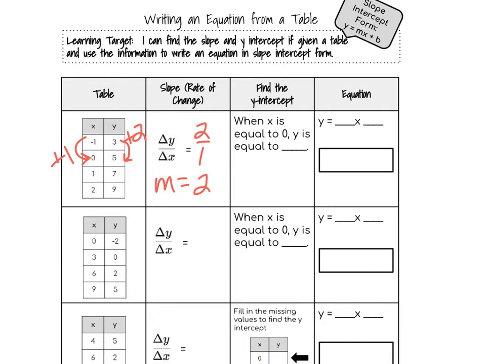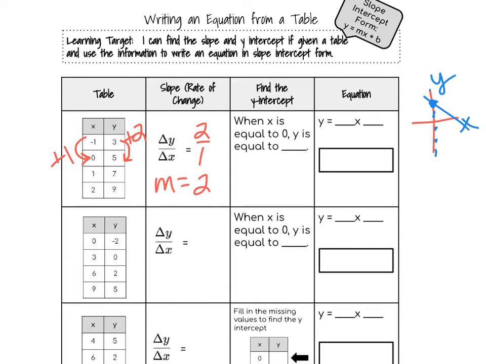Okay, now finding the y-intercept, that's where x is equal to 0, because the y-intercept is where the line crosses the y-axis. That's y, that's x. So right there, that's your y-intercept. So on a table, I am looking for where x equals 0, because all the points on the y-axis have an x coordinate of 0.